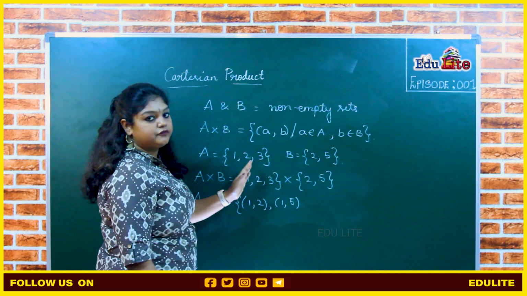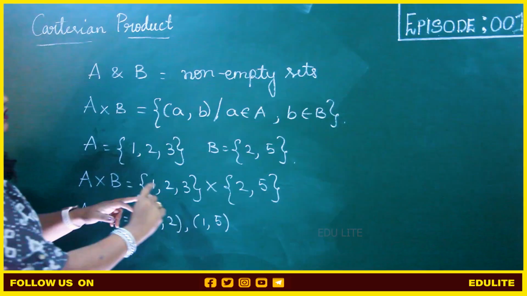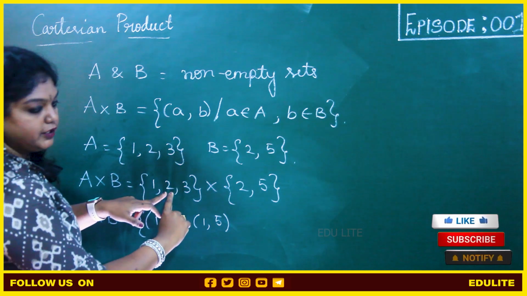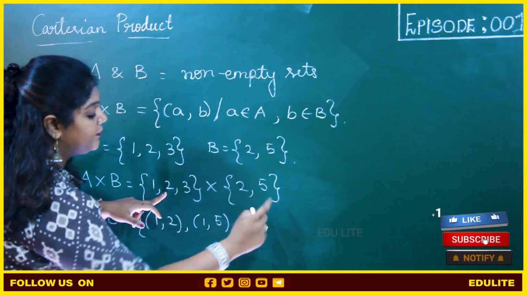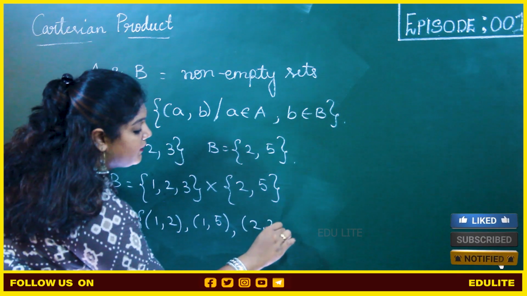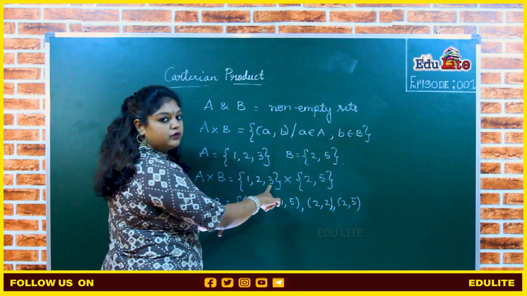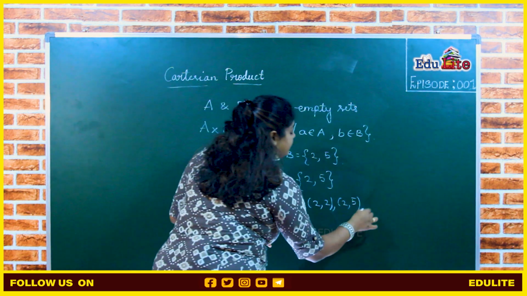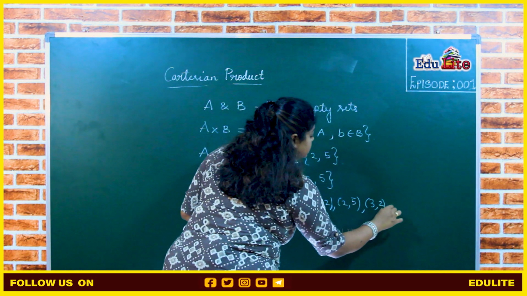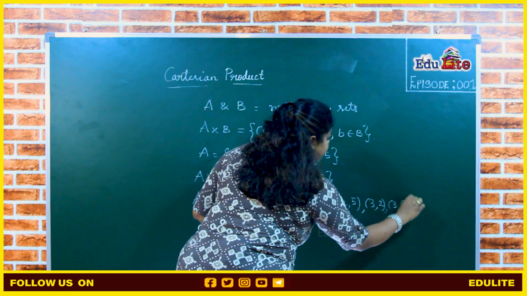Similarly, we have to do it for the other two elements also. So how to do that? Take the element 2 and pair it with the two elements in the set B. So (2, 2), (2, 5). Similarly, we have to do it for the third element also. That can be written as (3, 2), (3, 5).